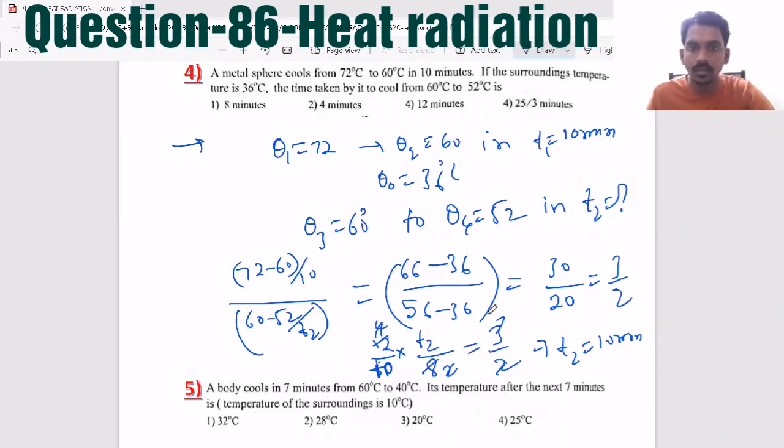So I think options are wrong. So we are getting 10 minutes only. So just substitute properly, by taking theta 1, theta 2, theta naught and theta 3, theta 4, T1, T2.